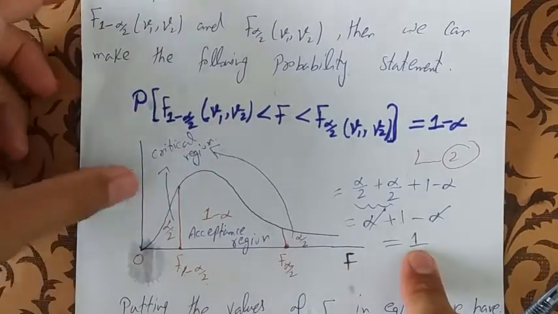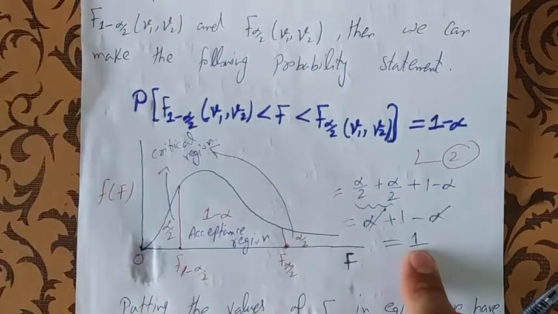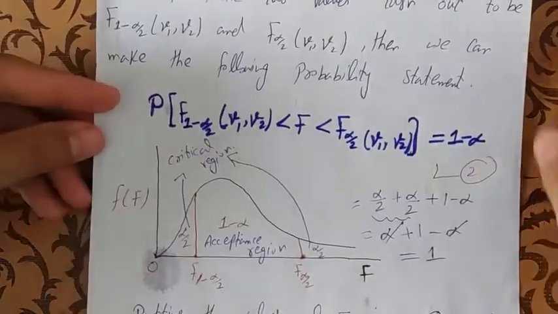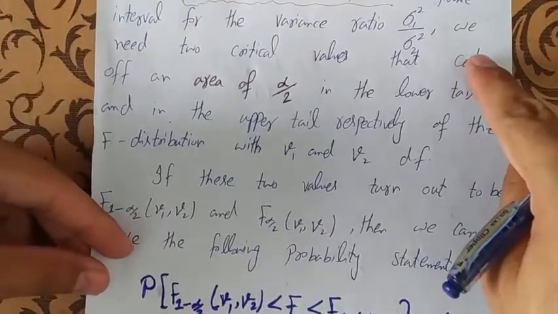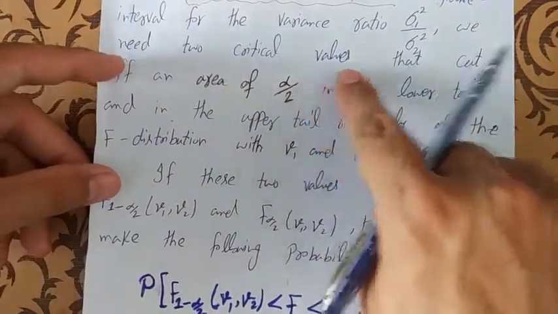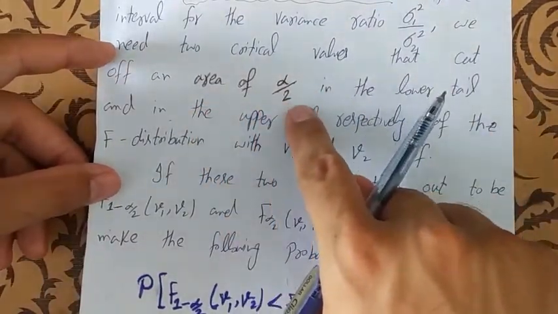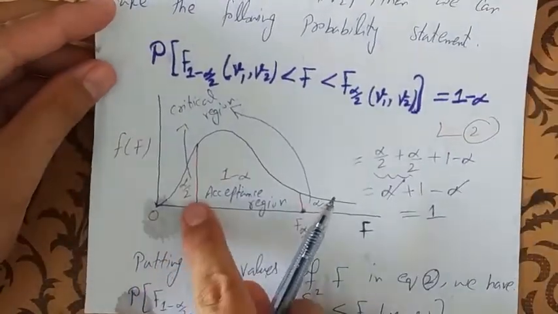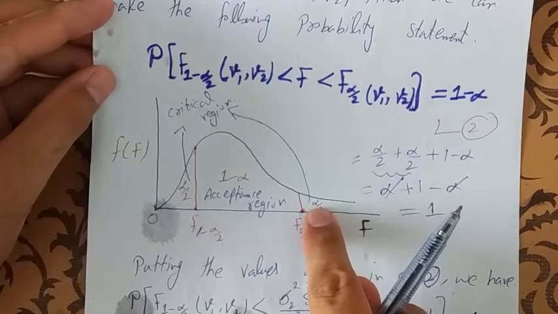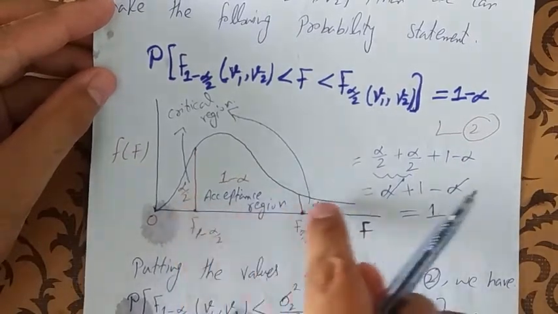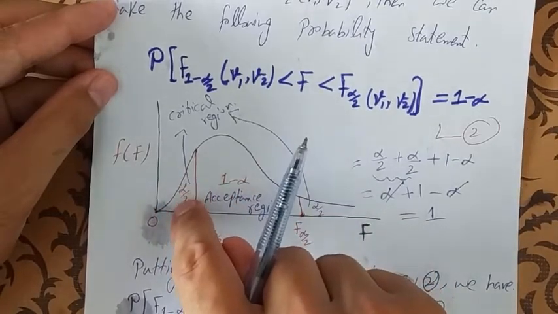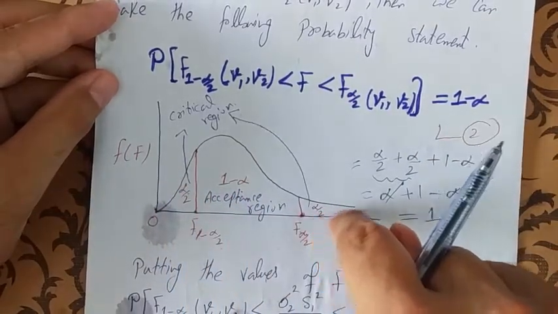This shows that the total probability is equal to 1, and our procedure is correct. We need two critical values that cut off an area of alpha by 2 in the lower tail and the upper tail, each with area alpha by 2, with degrees of freedom nu 1 and nu 2.